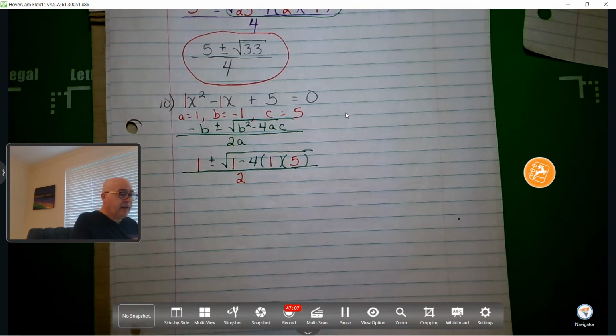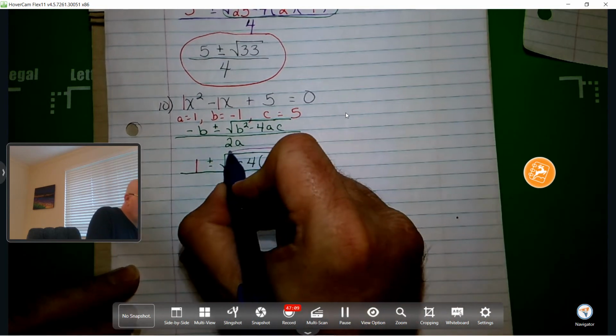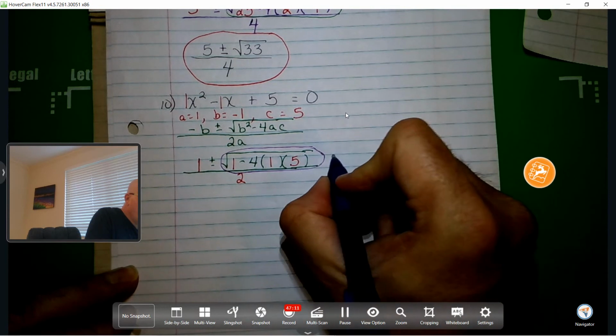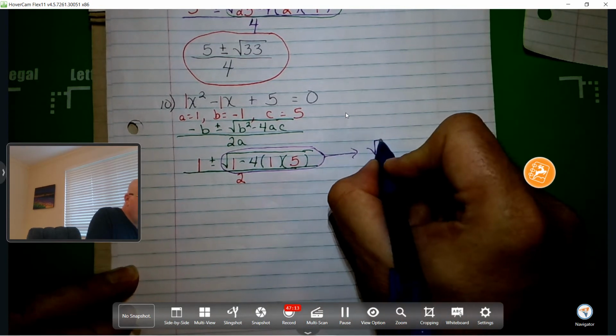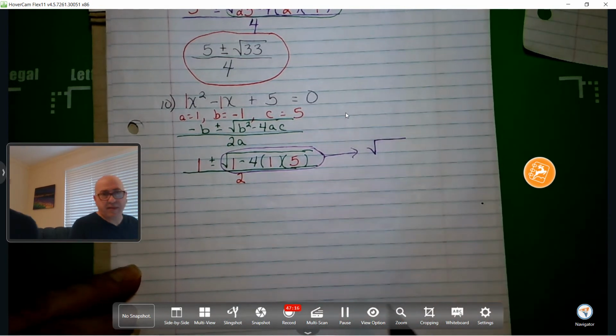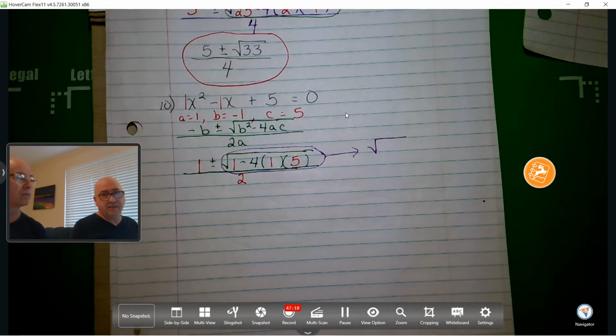And let's simplify under this square root symbol. Some of you might be thinking, well, I don't need a calculator for this simple calculation.